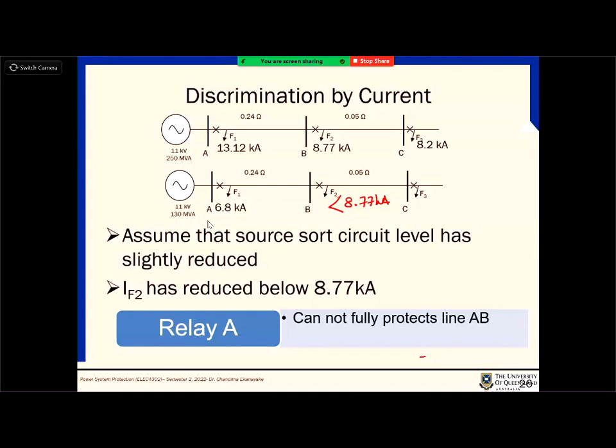Then it should work for the largest, right? If you set the smaller values, then it should work for the largest fault current without a problem. We'll look at it. Okay, now what happens?